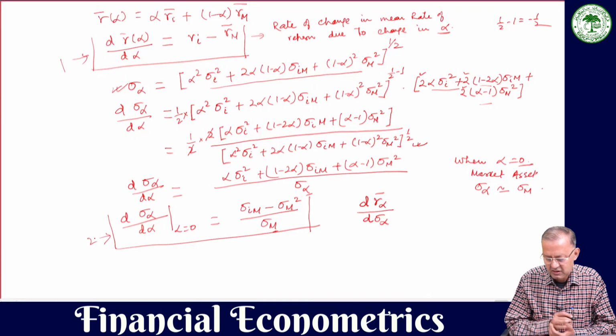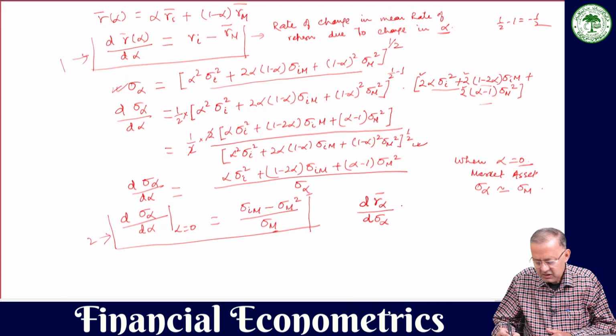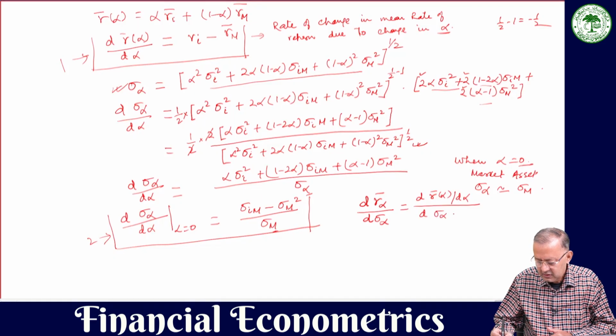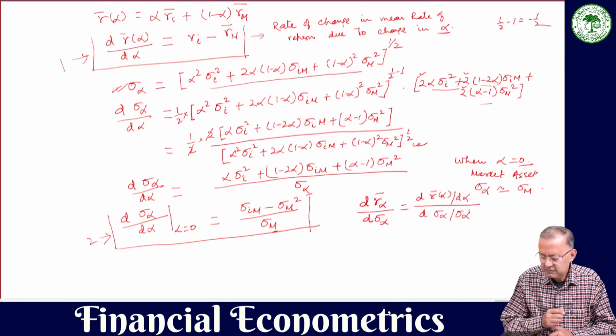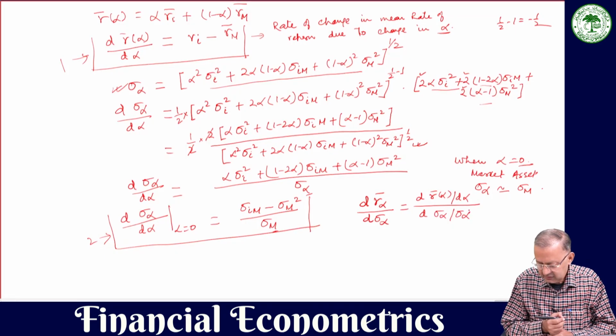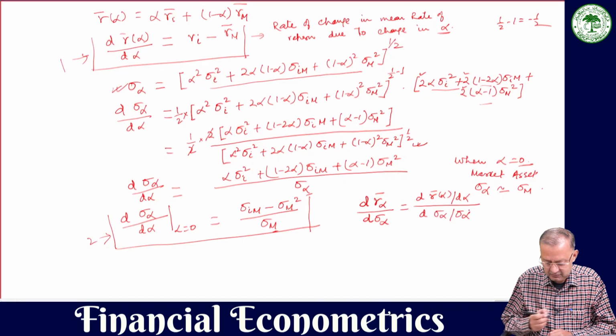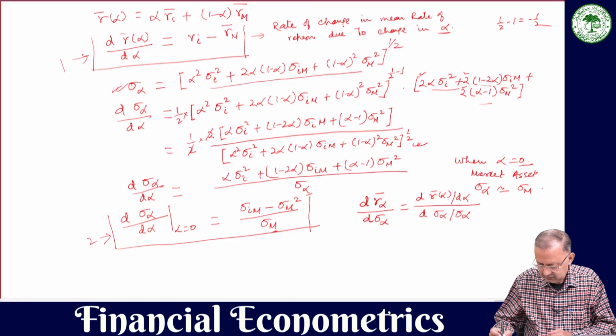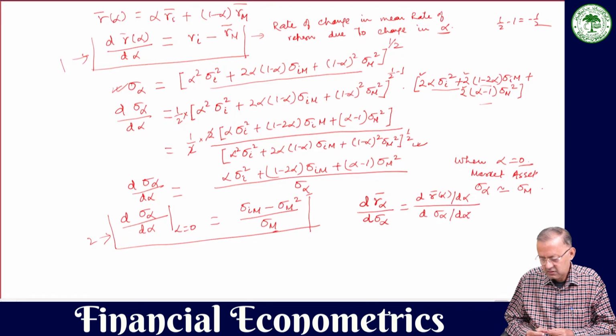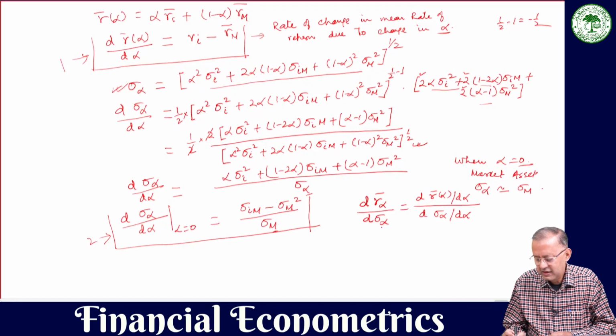So this can be rewritten as dr bar alpha by d alpha divided by d sigma alpha by d alpha; we divide both numerator as well as denominator by d alpha.